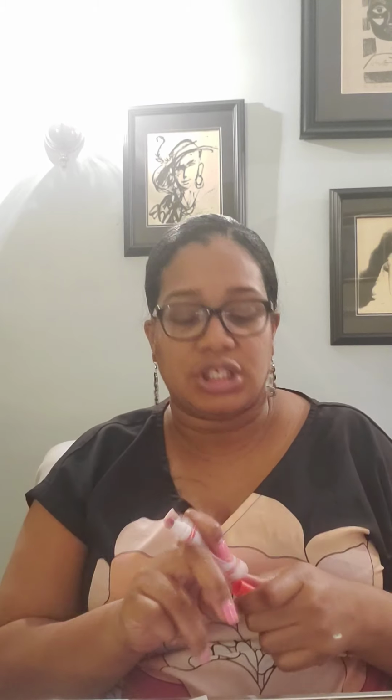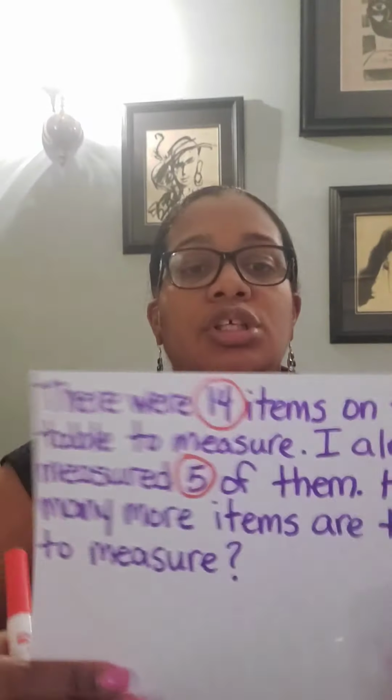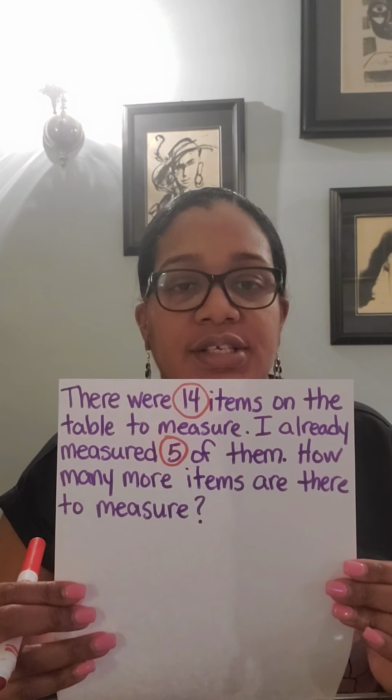Now we know that each time we get a word problem, we need to attack it with our CUBE strategy. The C stands for circle the numbers. So take a look at your application problem and take a second to circle your numbers. It should look like this.